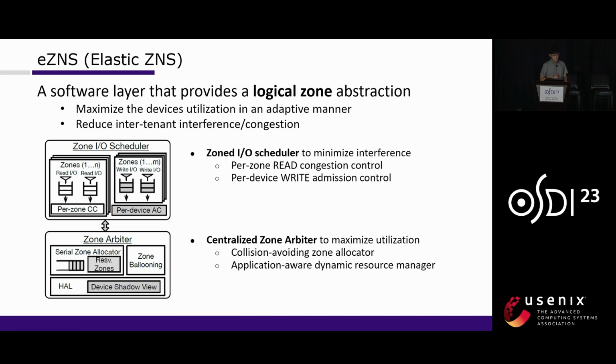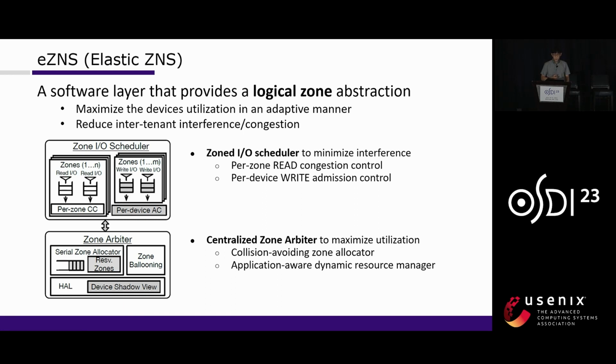Now, let me introduce E-ZNS, an elastic ZNS interface that serves as a software layer that provides a logical zone abstraction. This design approach aims to maximize device utilization while minimizing I/O interferences. One of the key advantages of E-ZNS is its transparency to the application, requiring no further changes.